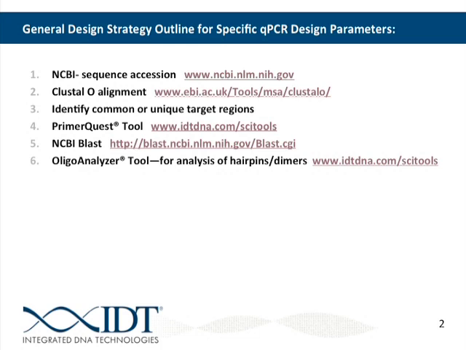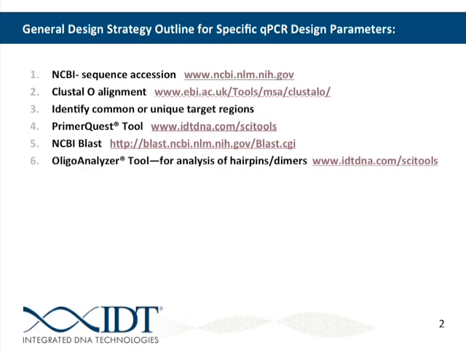And so this is the flow of how we approach designing a custom qPCR assay from start to finish, from getting your sequence of interest from NCBI all the way through checking your primers in OligoAnalyzer. And so you'll see this is the common workflow for each of these designs.